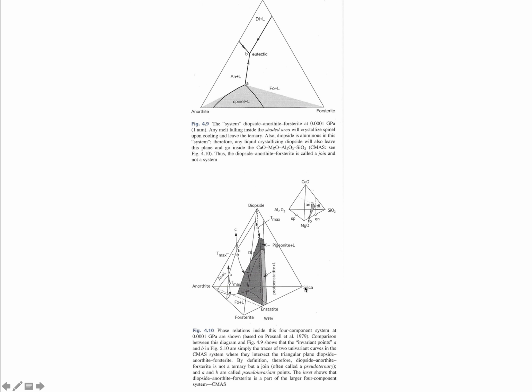In the diagram below, you have silica, forsterite, and diopside, and silica, forsterite, and anorthite. Therefore, you can use such a quaternary system for showing all the possible phase relationships between diopside, silica, forsterite, anorthite, and enstatite.